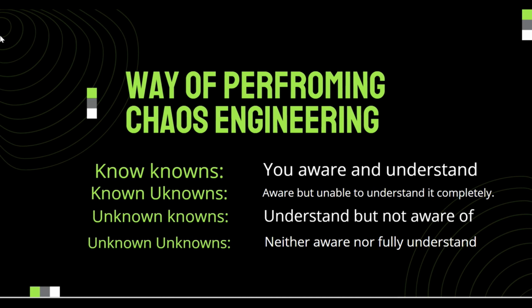And then there is a situation called unknown unknowns, where you are neither aware nor fully understand. Okay, so these are some circumstances. By following them, you can do the testing under chaos engineering, or you can create a chaos engineering environment for a better understanding of your product failures. And in my next slide we are going to understand it more closely.